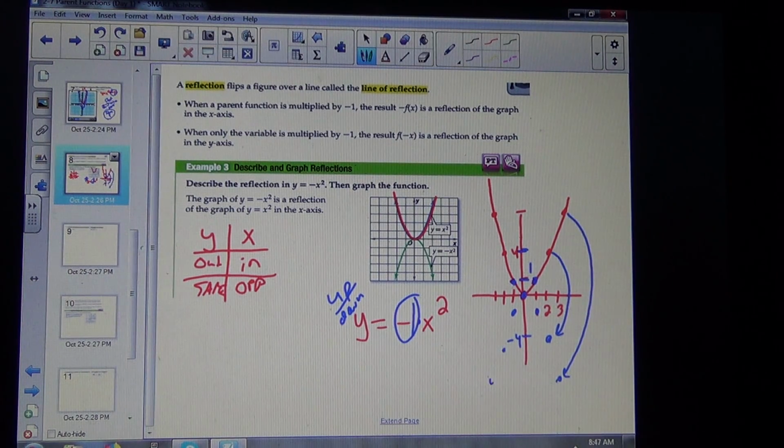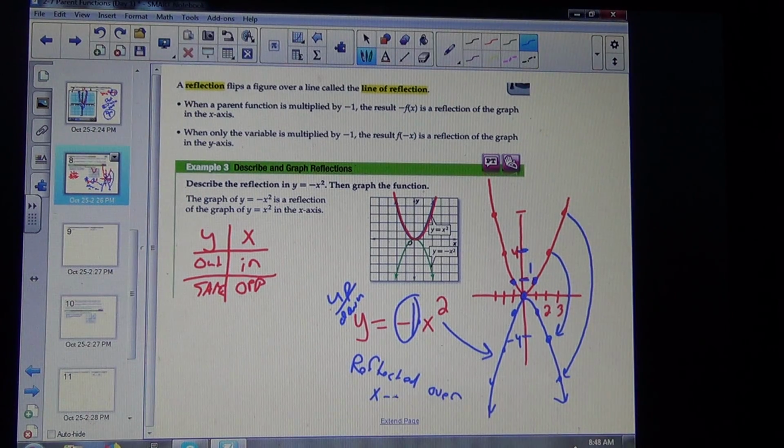Does everyone see how that makes a reflection? And that would be my new graph here, reflected. Questions on that? So that's the reflection over the x-axis. If it says describe the reflection, it's reflected over the x-axis, because it goes up and down.